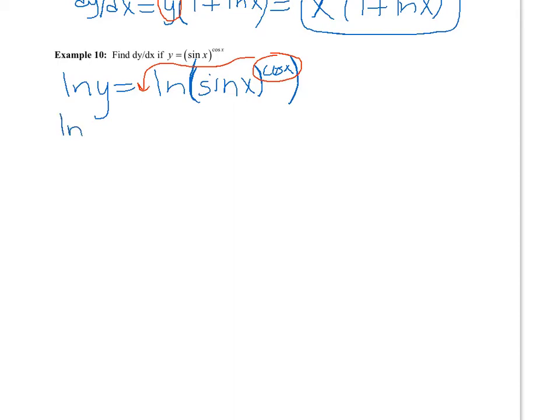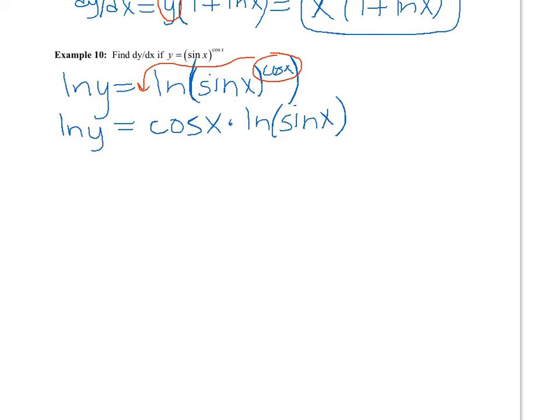Again, we haven't done any calculus yet. That's going to be the cosine of x times the natural log of the sine of x. Please remember that it's the natural log of the sine of x and not natural log times. Natural log needs an argument.